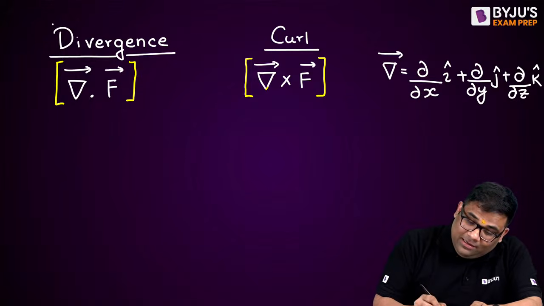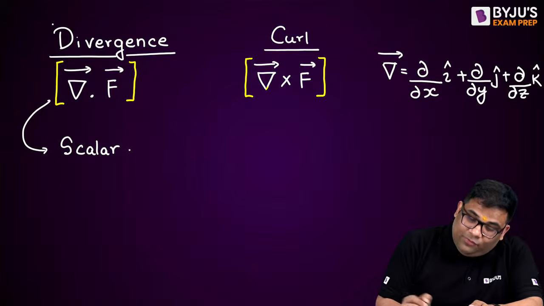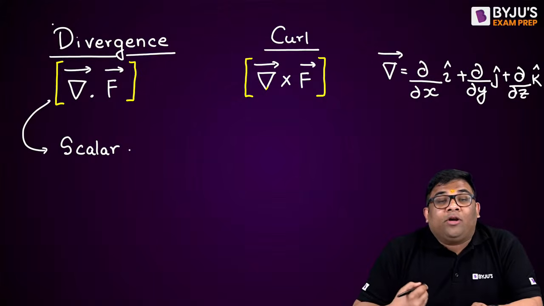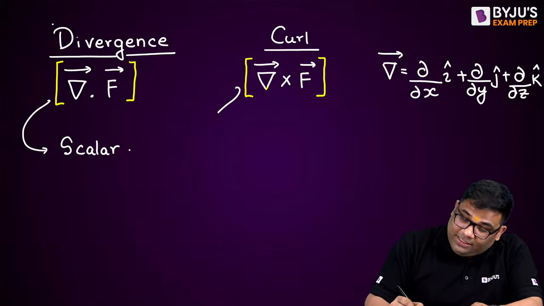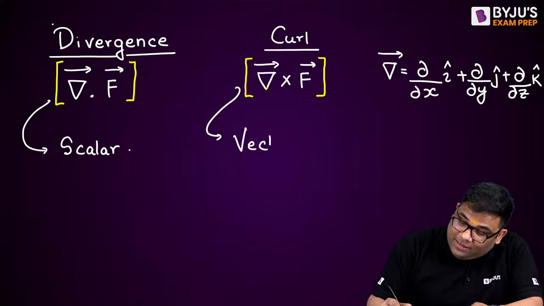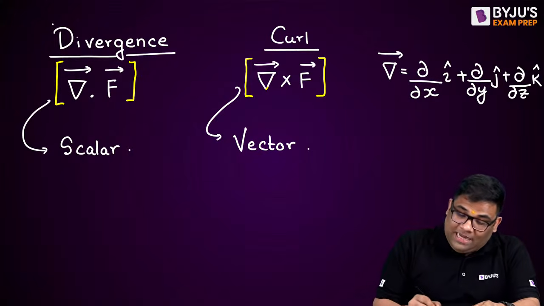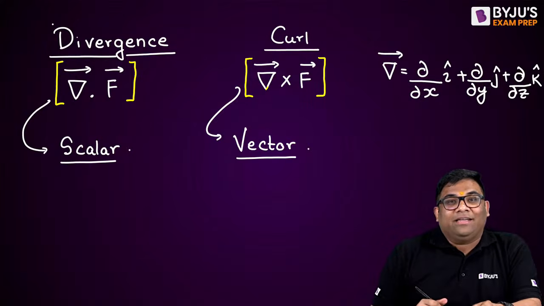Yes, it gives a scalar. So this, ladies and gentlemen, will be a scalar. And what does the cross product of two vectors give? It is also a vector. So divergence will give me a scalar thing and curl will give me a vector thing.